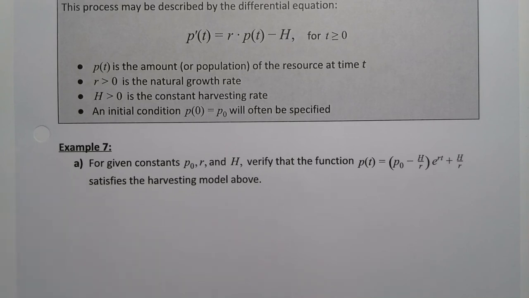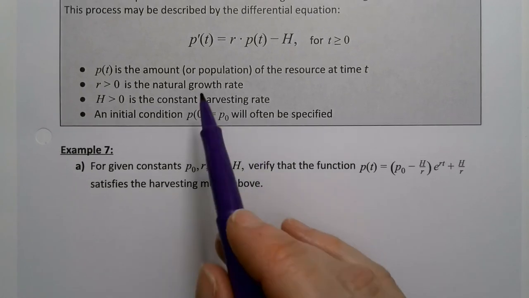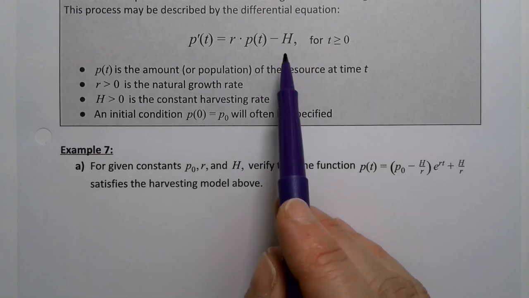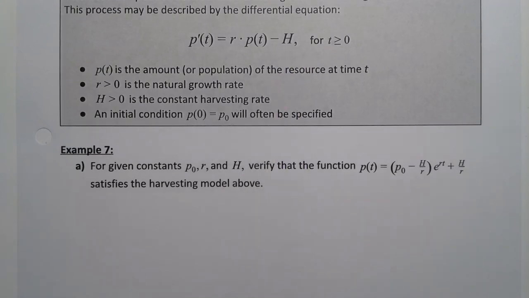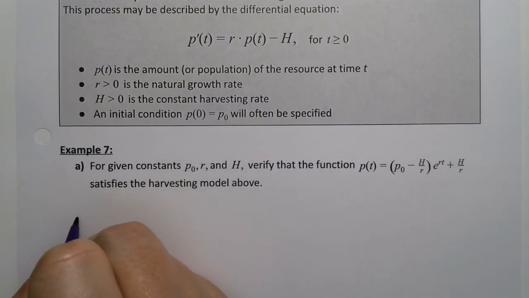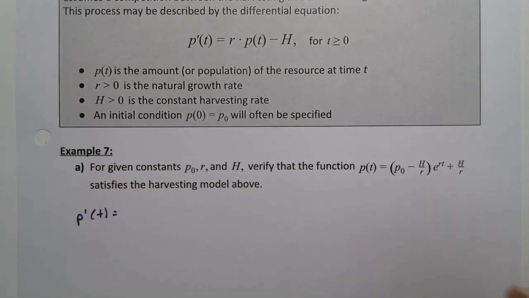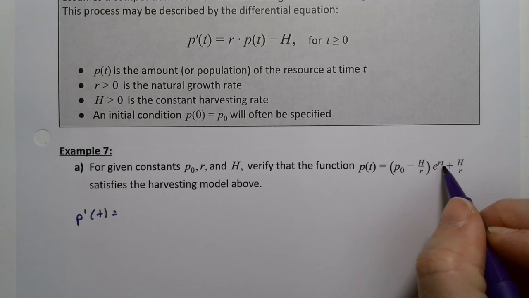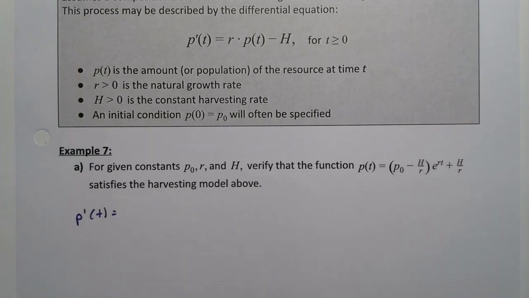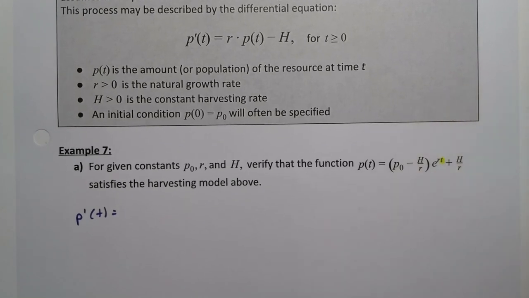All right, well, let's start by taking the derivative because we can see that this involves the derivative. So let's do that. P prime of t. Now remember, the only variable in all of this is that t right there. Everything else is constant.